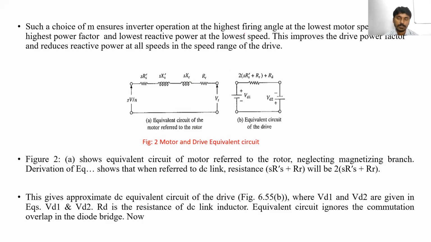A high firing angle means the voltage is low, and low voltage means the speed of the motor also decreases. So the highest firing angle corresponds to the lowest motor speed, giving the highest power factor and the lowest reactive power.